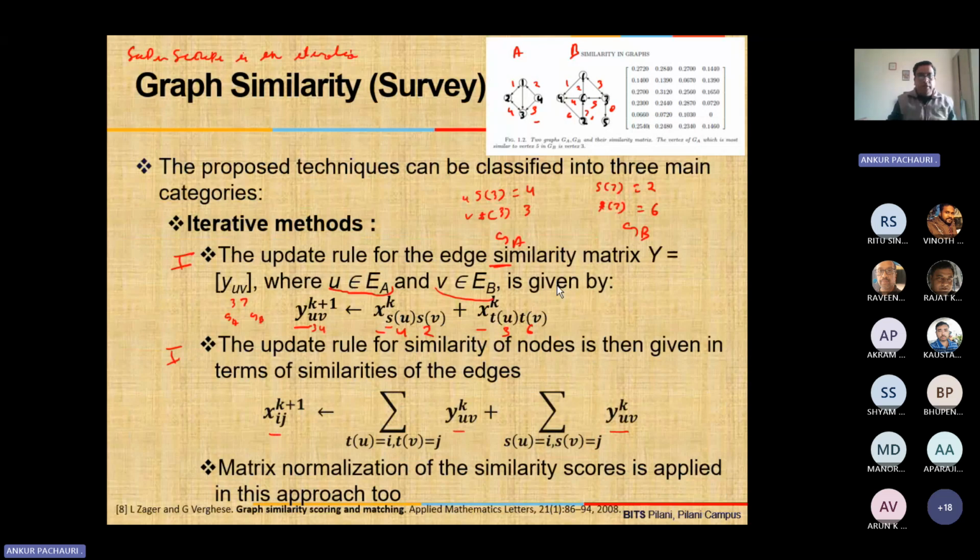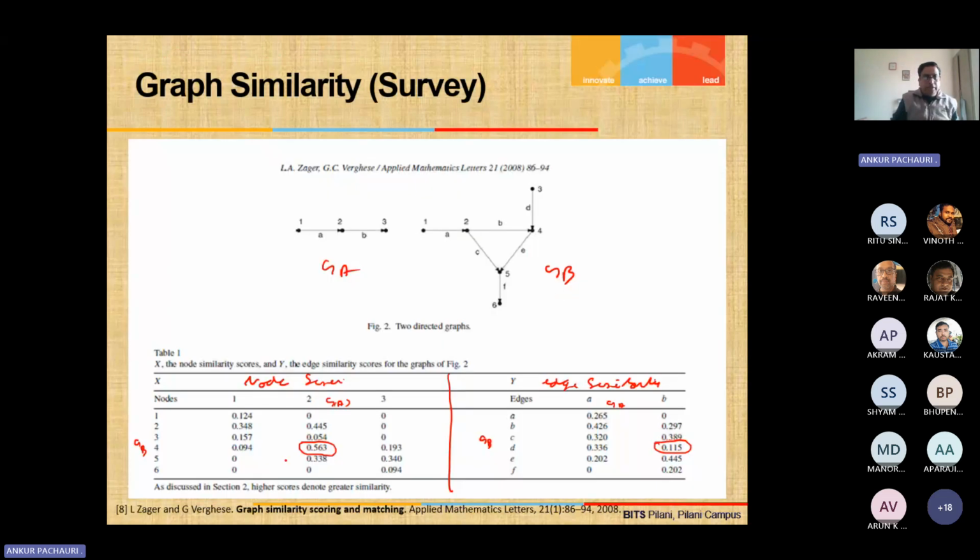This AB is not based on this, sorry, my mistake. This AB is based on this graph. This is the A graph and this is the B graph. Fine.